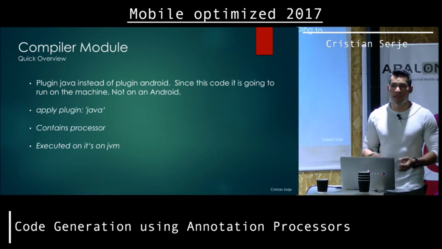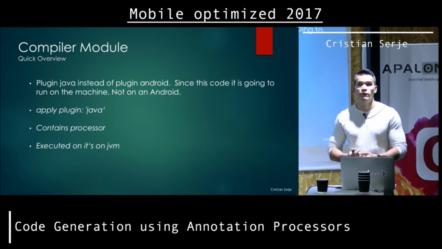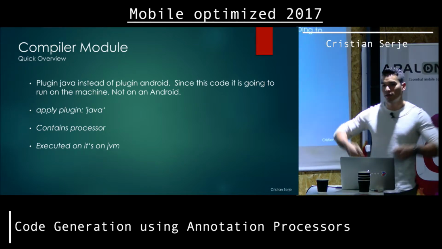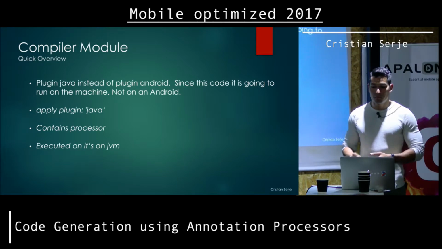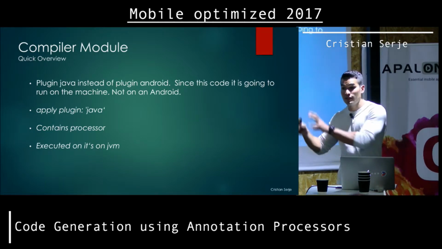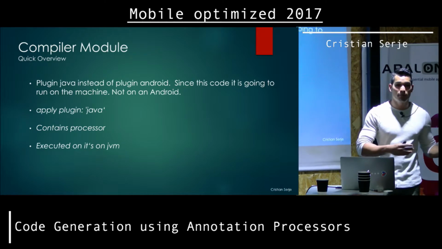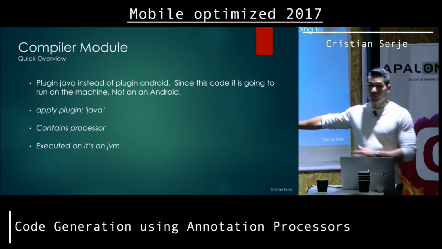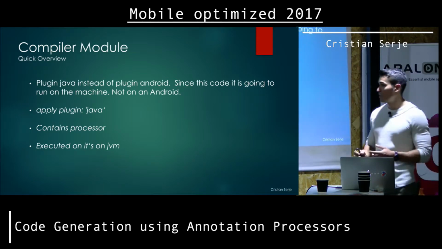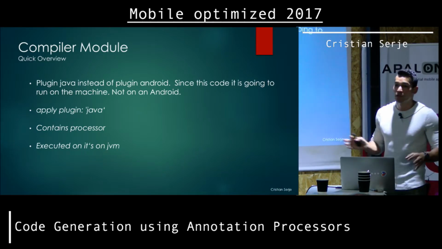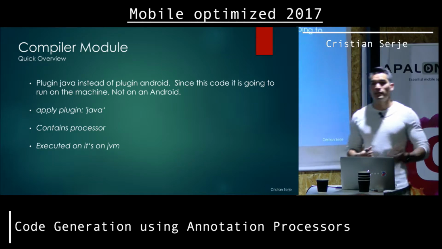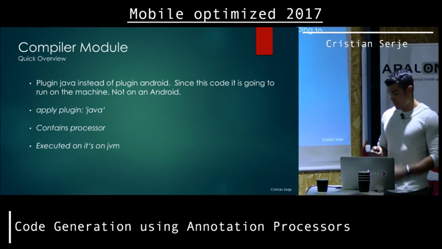If you want to use Java libraries with thousands of methods, or any other library to make your processor work faster, you don't have to worry that any of those libraries are going to go into your final APK, because this is nothing related to your final APK, it's even a different Java virtual machine. So just do whatever you want in that Java virtual machine, because in the end it's not going to affect your APK.